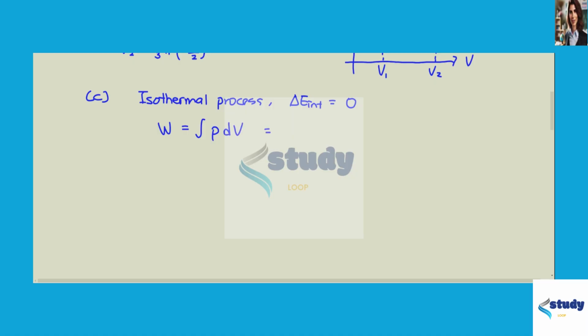Using the ideal gas law, that is nRT over V dV, from V1 to V2, so you get nRT natural log V2 over V1.